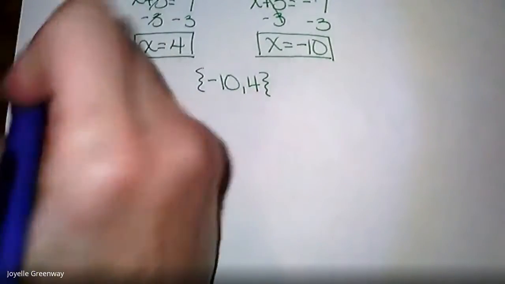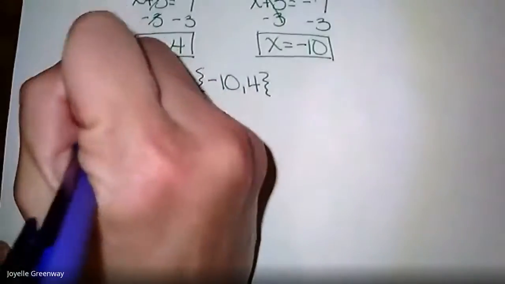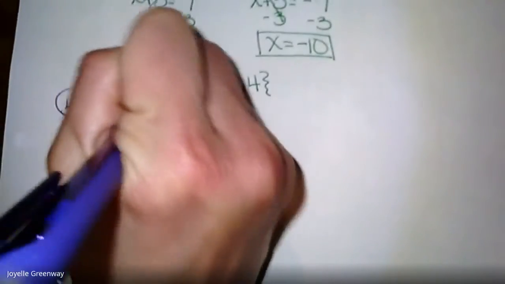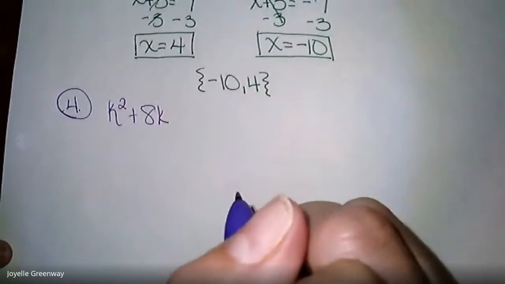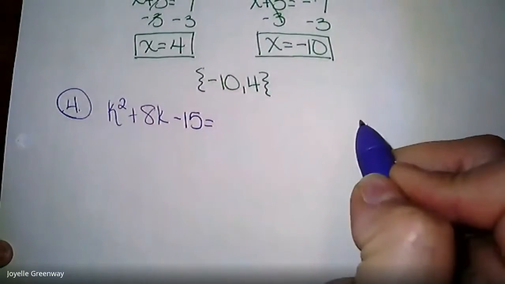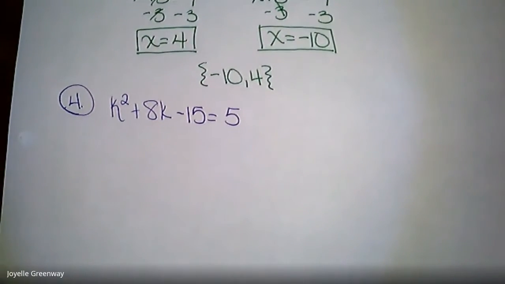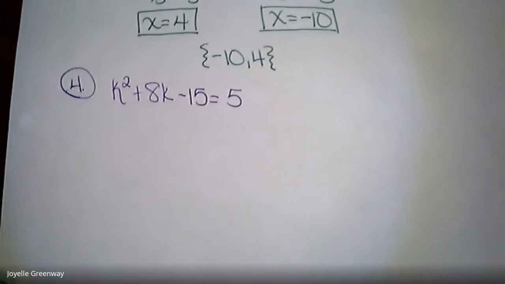So number 4 looks like k squared plus 8k minus 15 equals 5. All right.